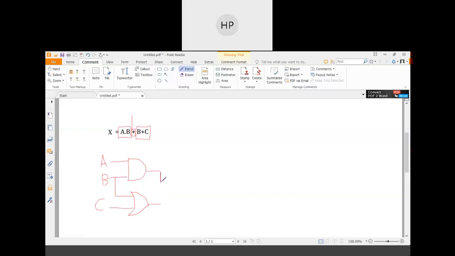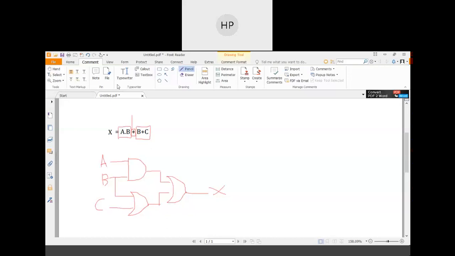Done. Finally, both A dot B and B plus C go through another gate. This plus sign indicates another OR gate. Here is our final OR gate. Done, and this is X. Finished. That is how you construct a logic circuit. Is it difficult? No, sir. That's simple.